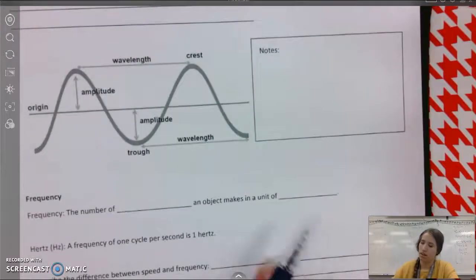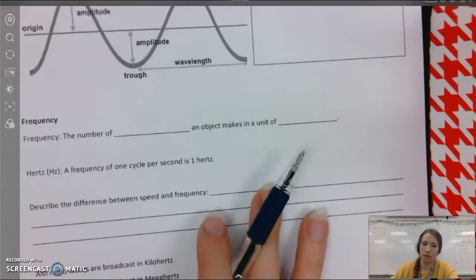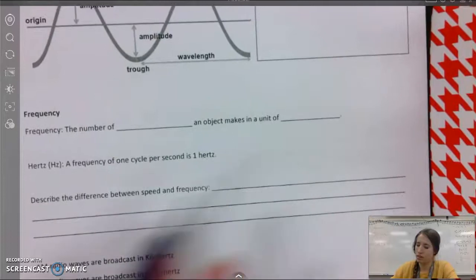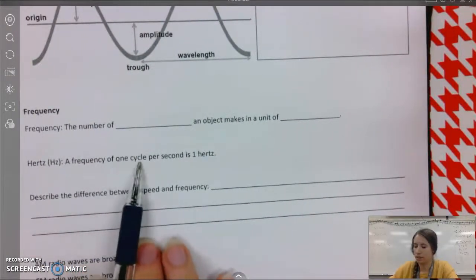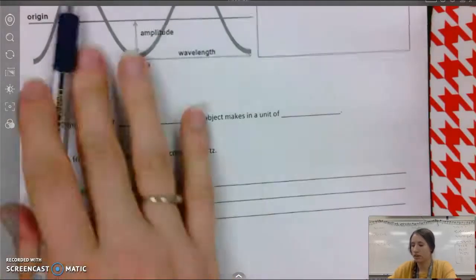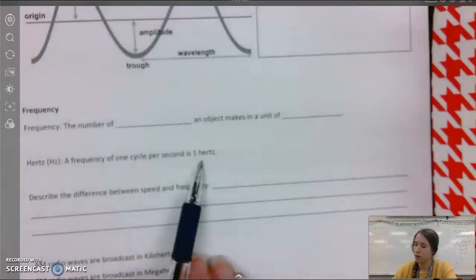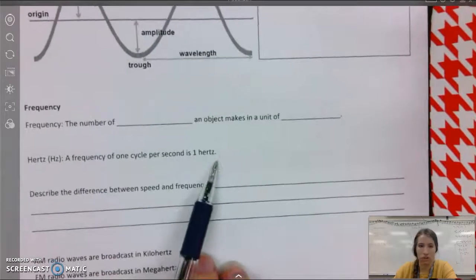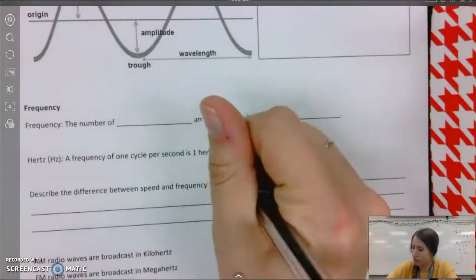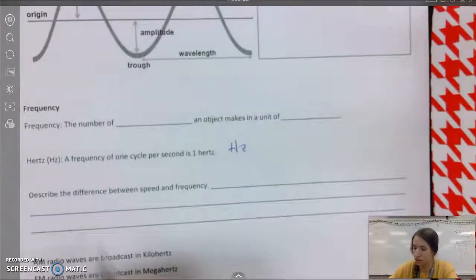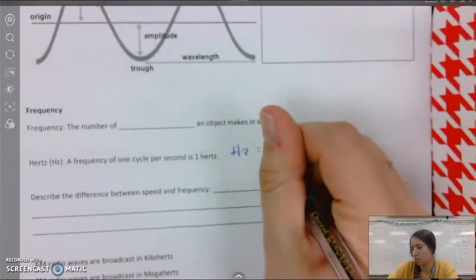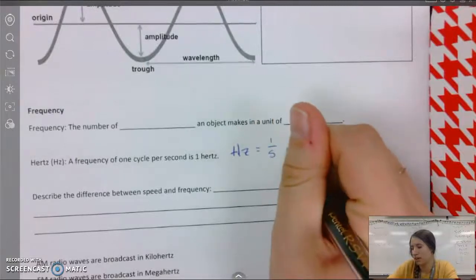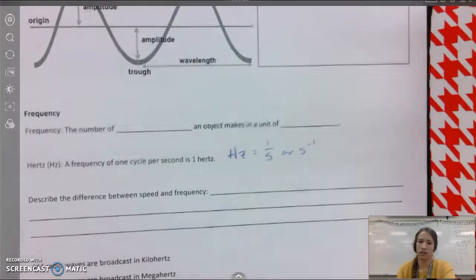Now, we're going to represent frequency with the units of hertz. And so a frequency of 1 cycle, or crest to crest, per second, that's hertz. That's the same as per second, or seconds to the -1.